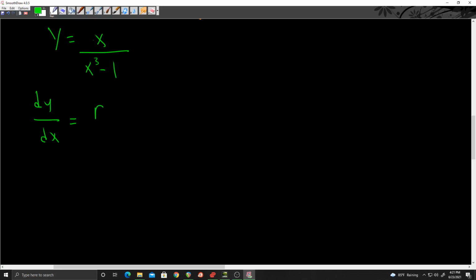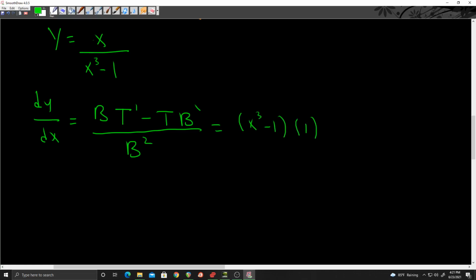It's going to be bottom, derivative of the top, minus top, derivative of the bottom, over the bottom squared. Bottom, x cubed minus 1, derivative of the top, derivative of x is 1, minus the top, and then the derivative of the bottom, derivative of x cubed minus 1 is just 3x squared. And then all this over x cubed minus 1 whole thing squared.